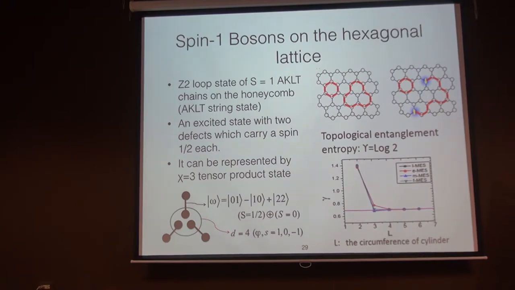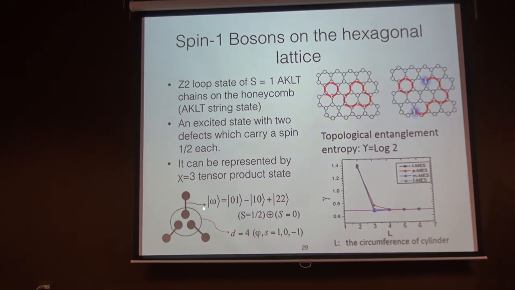Once we break one closed loop, the quasi-particle will carry spin 1/2 and appear at the end of the chain. So this is the case of the spin 1/2 representation carried by the D2 gauge charge. And this phase can be represented by the tensor product state.